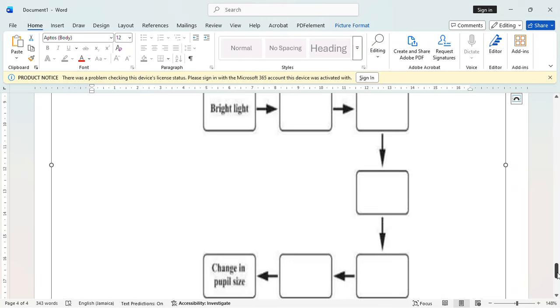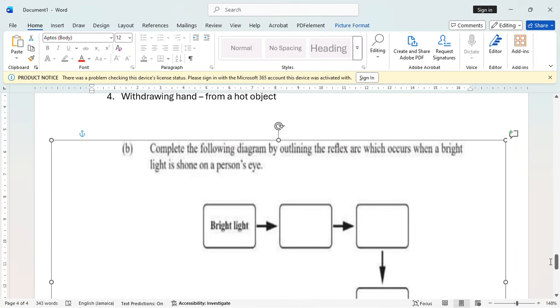No man. Wait. So what down here? So the photoreceptors in your retina.